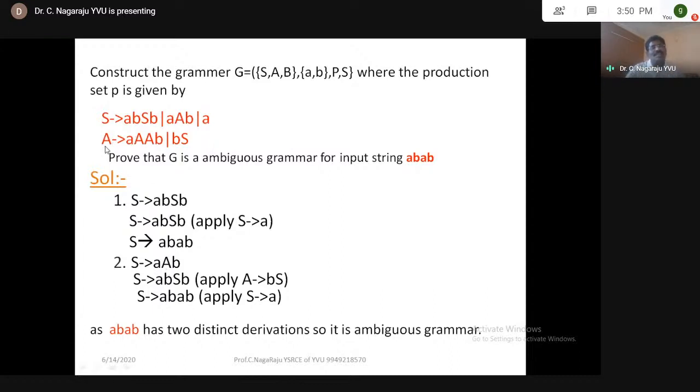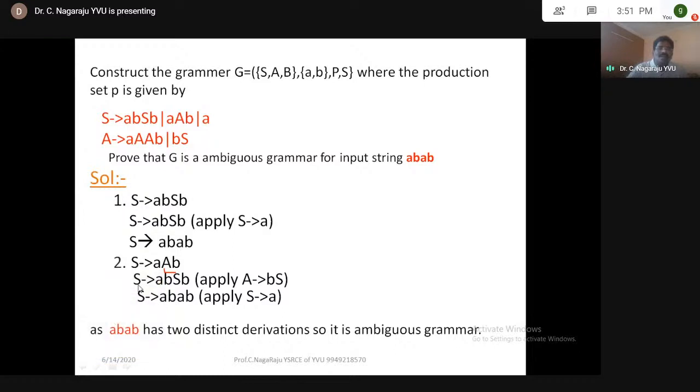But for A, you can have two productions: capital A, b or b, S. So then here the A is there and next suppose b is not there, then here is bS. Capital A is replaced with the bS value.